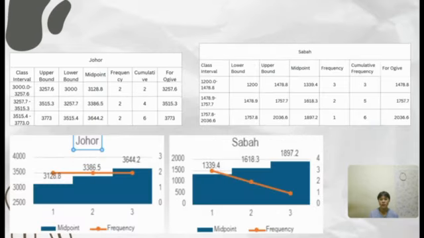Okay, the next one is the frequency polygon. For the frequency polygon, we use midpoint and frequency, and we made a frequency polygon for Sabah, Sarawak, and Johor.